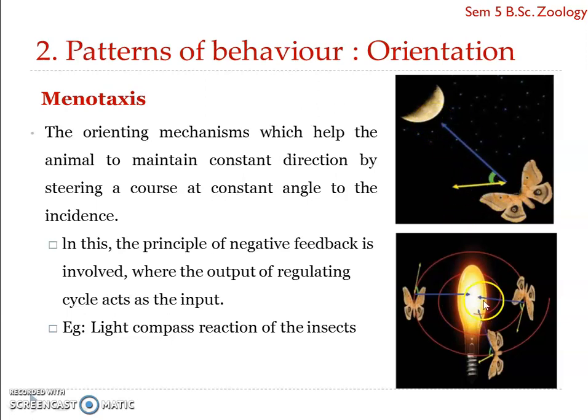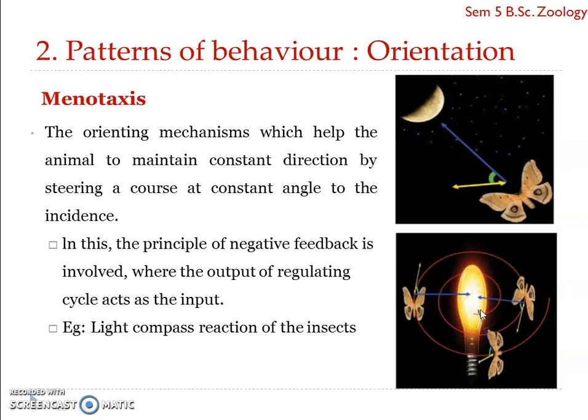Okay, similarly the moths and other flies usually get attracted to light and try to keep a particular angle. So this maintaining a constant direction by keeping themselves at a constant angle with respect to the stimulus is what is in menotaxis.